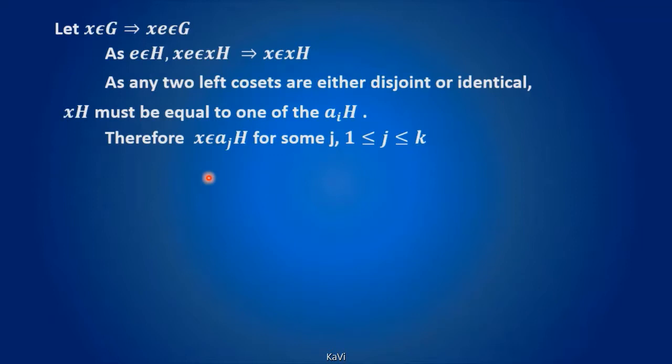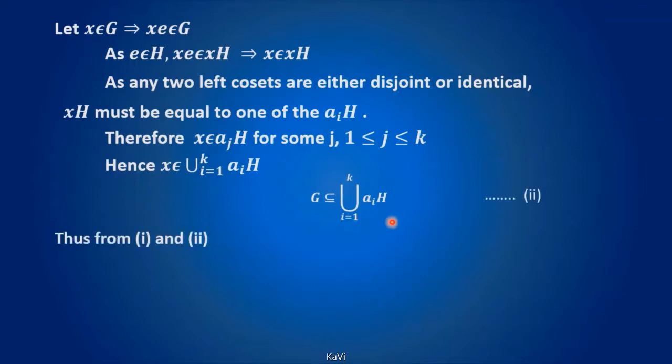So X belongs to union 1 to K AIH. So we have taken one element in G, and we have proved that that element belongs to this union 1 to K AIH. So G is contained in union 1 to K AIH. So from these two equations, we see that G is equal to union 1 to K AIH.